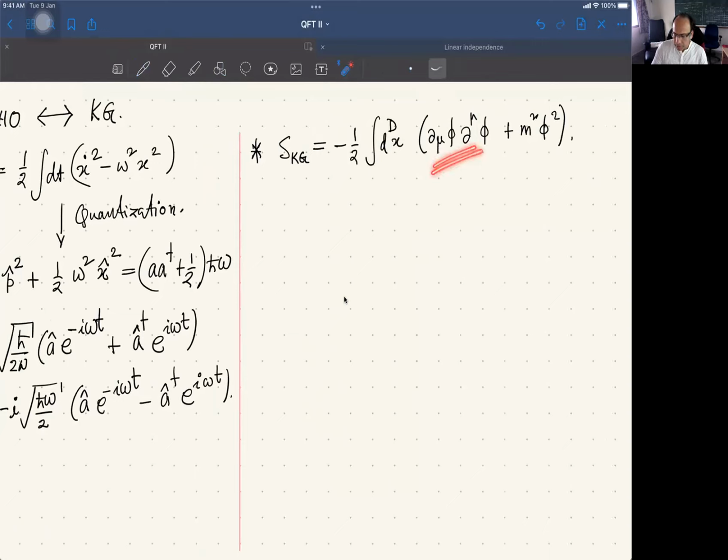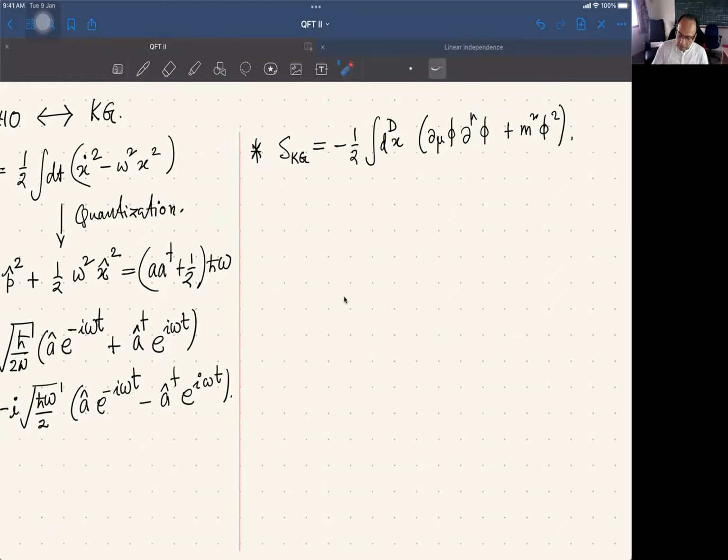Here the mu equal to 0, that is phi dot square, will have negative coefficient -1 coming from eta mu nu, and this -1, so it will be +1, so that is plus half phi dot square, which is analogous to plus half x dot square.